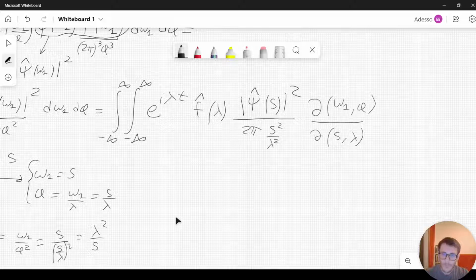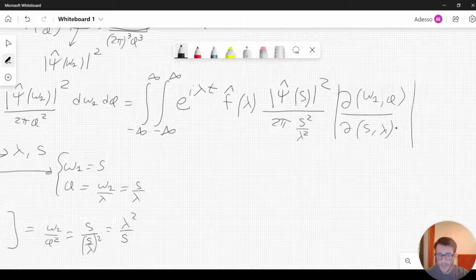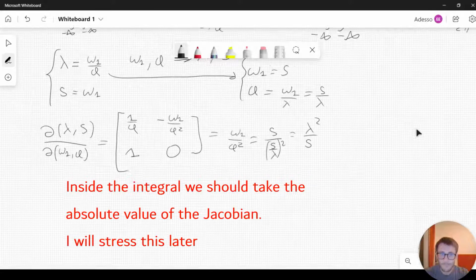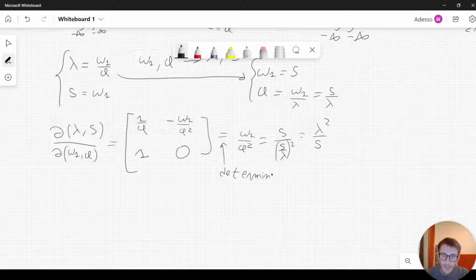So in particular, we will have the determinant of the Jacobian matrix, which is called the Jacobian. Okay, so in this case I'm considering the determinant of the Jacobian matrix.